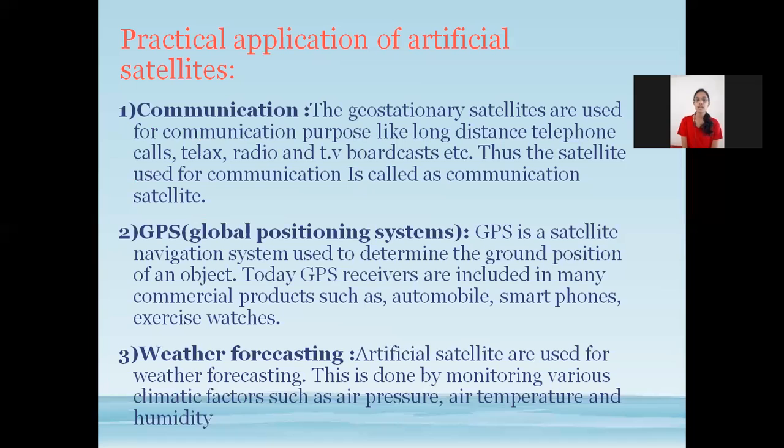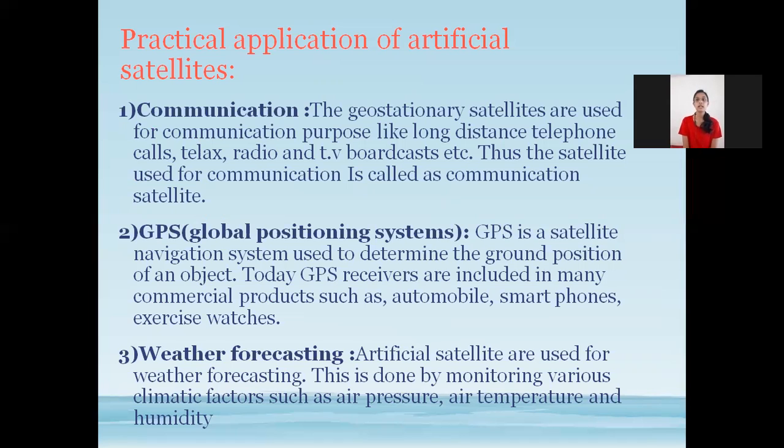Now, the second one is GPS. GPS is the Global Positioning System. GPS is a satellite navigation system used to determine the ground position of any object. Means by using satellites, we can locate any object on the ground.